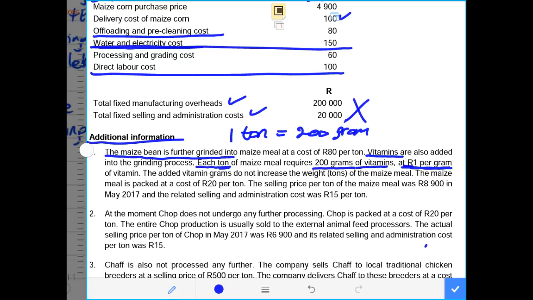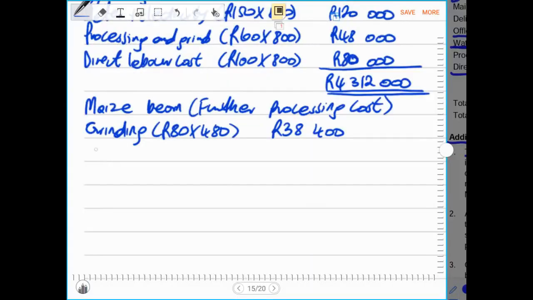Remember, if the 1 Rand was per ton, we would have to convert our grams into tons. But in this case, there is no necessity. So we times here by 1 Rand, then we times by the number of units that were processed, which is 480. That will give us the vitamins, which is the further processing cost of the maize bean.